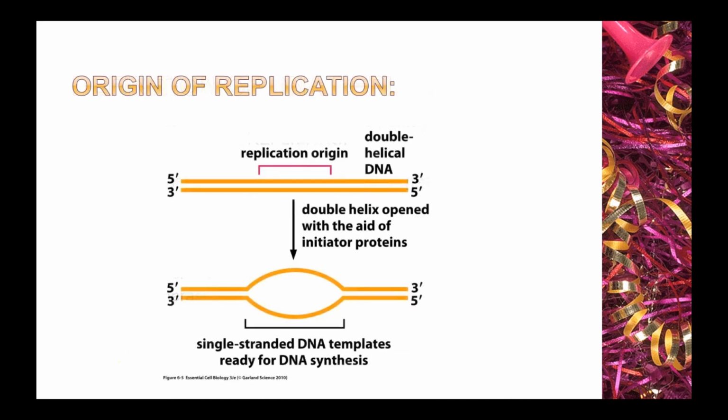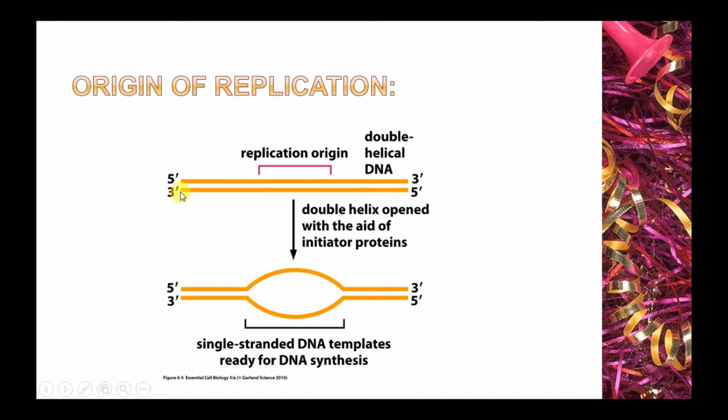Now, before studying the mechanism, let me tell you about the origin of replication. What is origin of replication? In the DNA double helix, there are certain points from where the replication starts. That point is called the origin of replication, and there are many origins of replication in one DNA molecule.